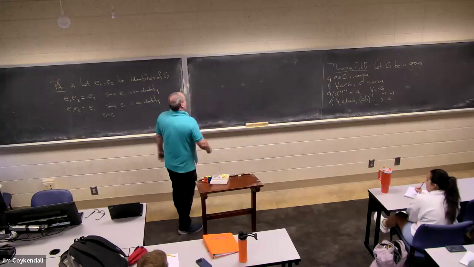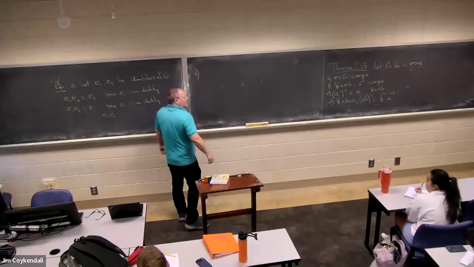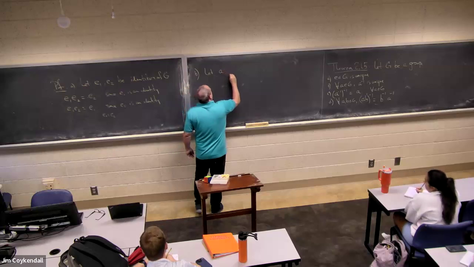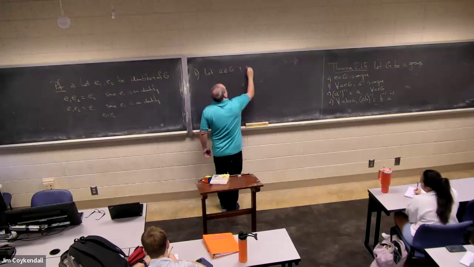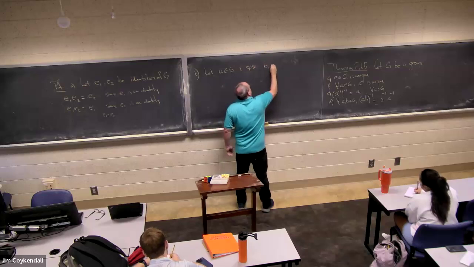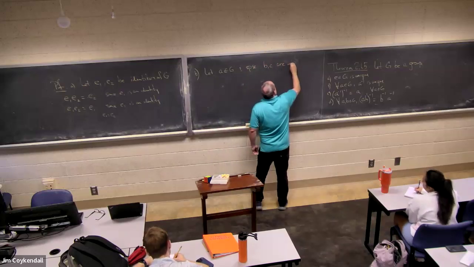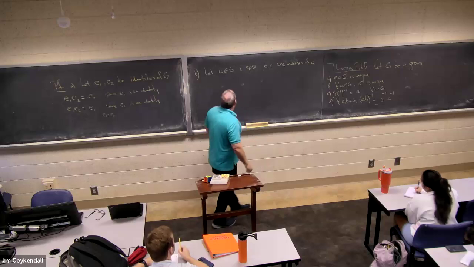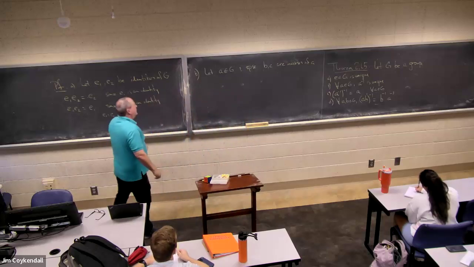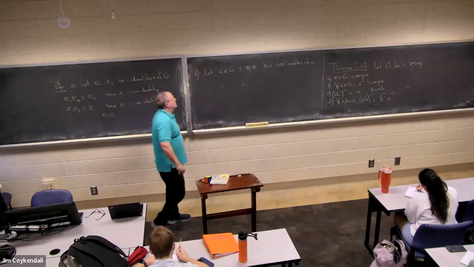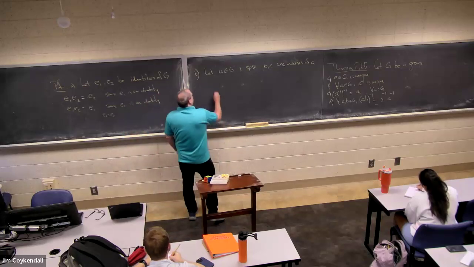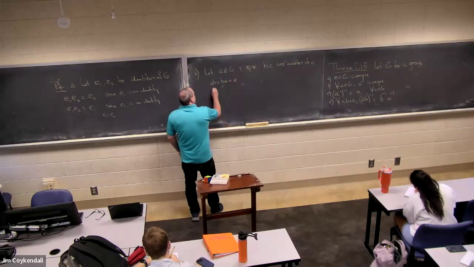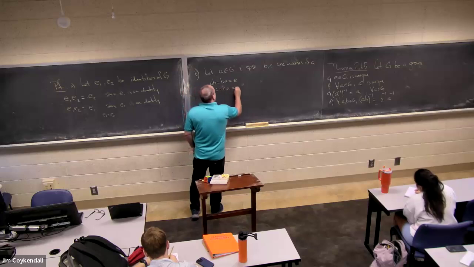So how about this one? This one I think is sort of simple. Let A be in G, and suppose B and C are inverses of A. This means that AB equals BA is the identity, and AC equals CA is the identity.